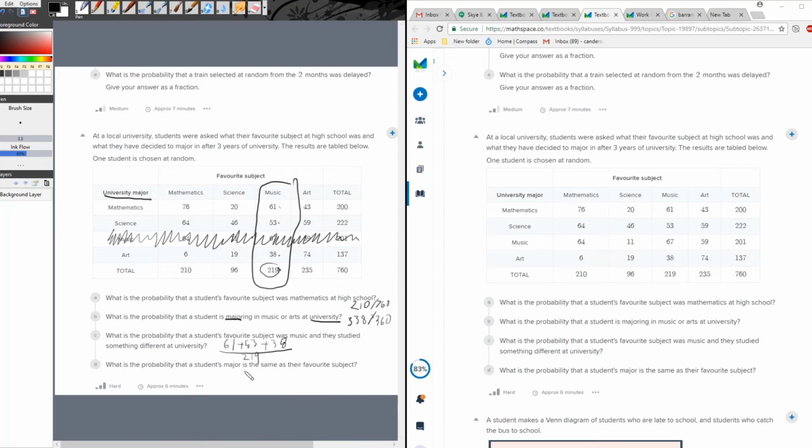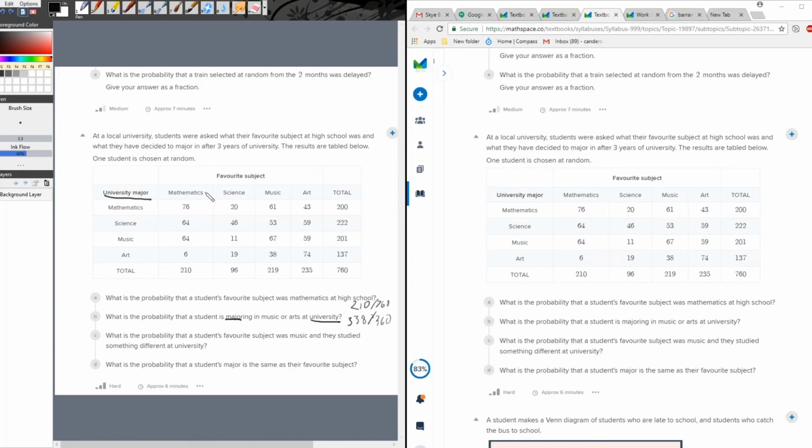So what is the probability that a student's major is the same as their favorite subject? So this is another tricky word. You have to think about what it's asking. So what is the probability that a student's major is the same as their favorite subject? So we are looking at students' favorite subjects and their university major.